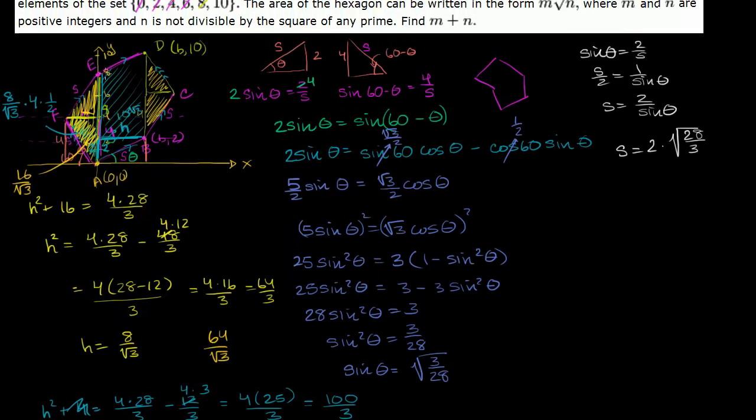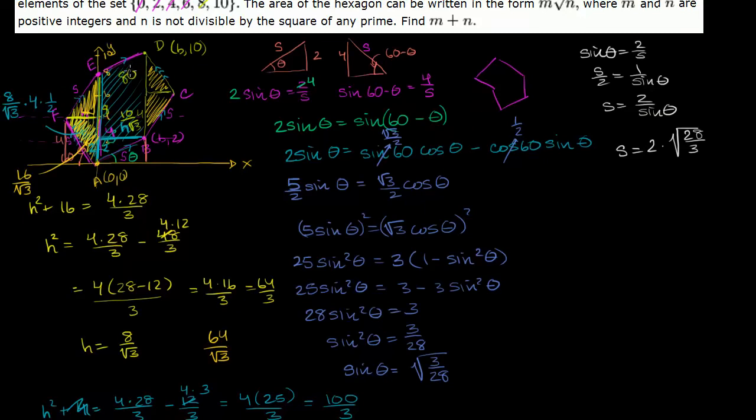So if we want the area of this parallelogram, it's going to be that height times the base of the parallelogram. Oh, no, let me be very careful. 10 over the square root of 3 is this height. So the whole area of this parallelogram is 8 times 10 over the square root of 3.